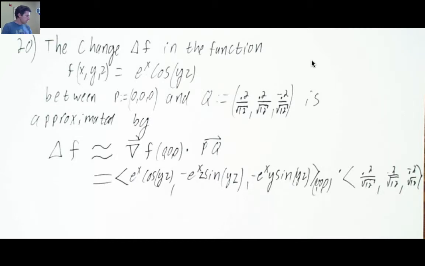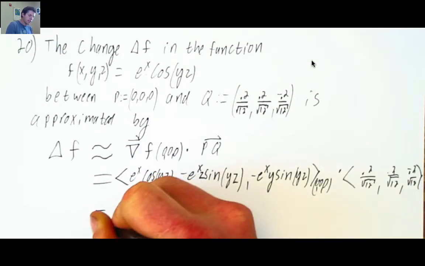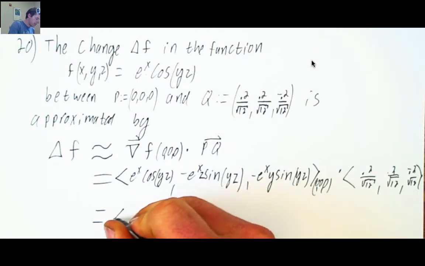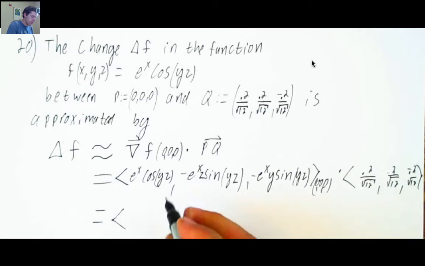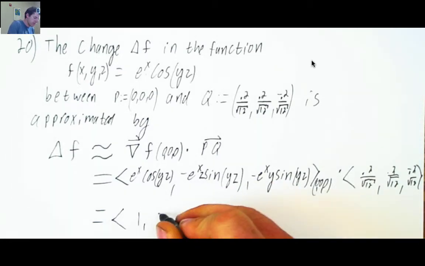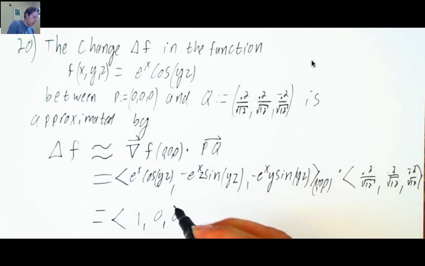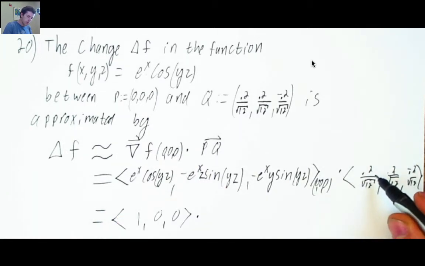All right, so the next thing to do is to evaluate this vector here at (0, 0, 0). That is, all right, e to the 0 is 1, cosine of 0 is 1, so that's 1. I got a z right there, so I put in a 0. That's going to be 0, and also 0 there with a y. Dot that. Now, this time I will not make the same mistake. Let's see. I need to put 0.2 over square root of 12.